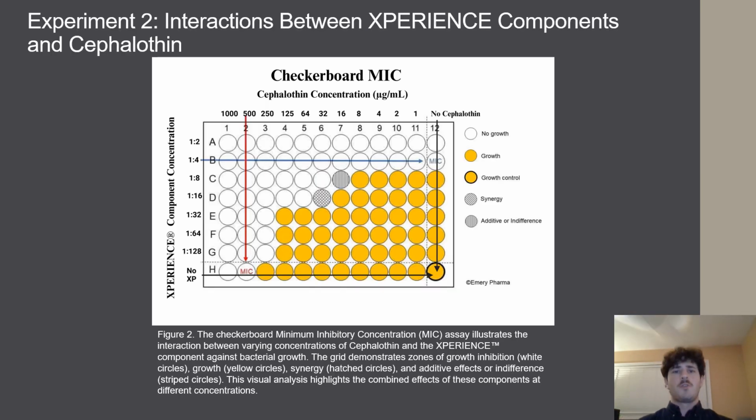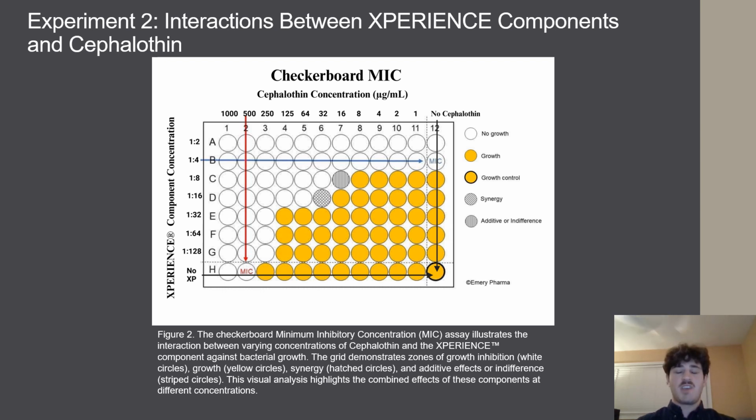In experiment 2, we're observing the interactions between XPERIENCE components and cephalothin at many different dilutions and concentrations. So we're using a checkerboard MIC method, where we're going to combine 11 different concentrations of cephalothin with 8 different concentrations of XPERIENCE or its component on one 96 well plate.